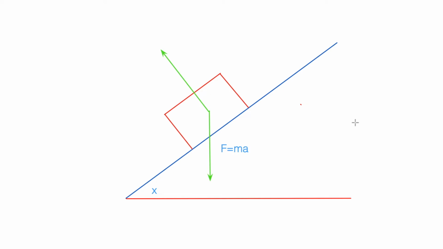Now let's imagine the scenario where the box is being pulled up, and we're going to consider this to be a smooth surface. So we're going to forget about friction at this point. We're going to forget about any other forces. We'll just think about these three forces. So there's the mass times the acceleration going down.